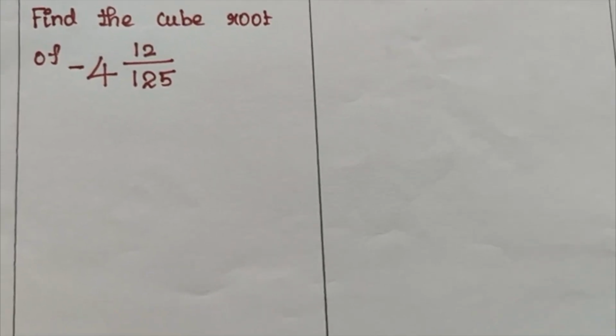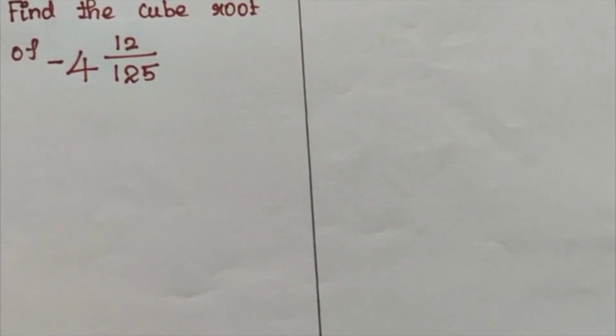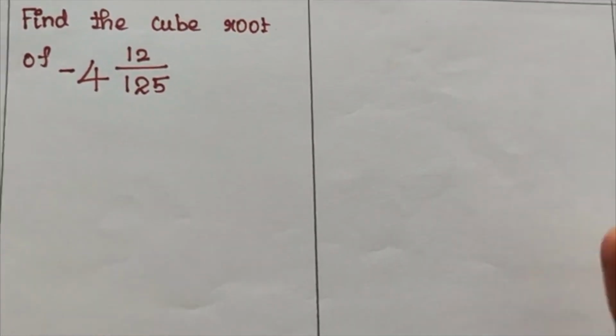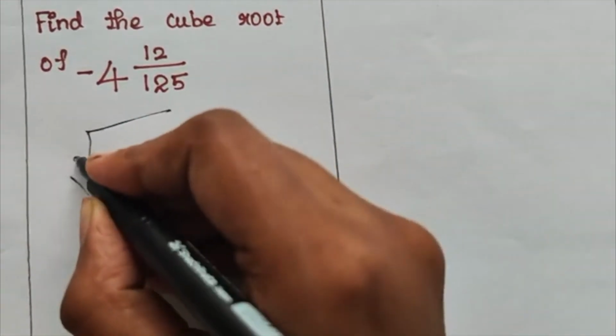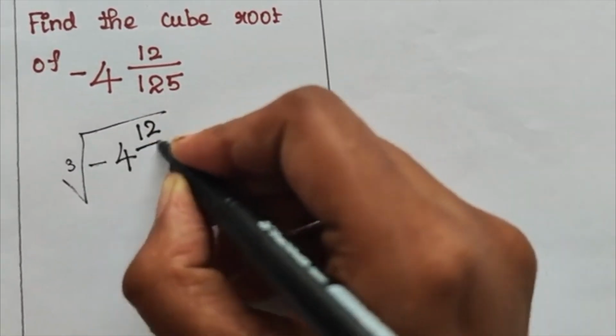Find the cube root of minus 4 12 by 125. Here we are given a negative mixed fraction. In order to find the cube root of this one, first we need to convert this negative mixed fraction into an improper fraction.